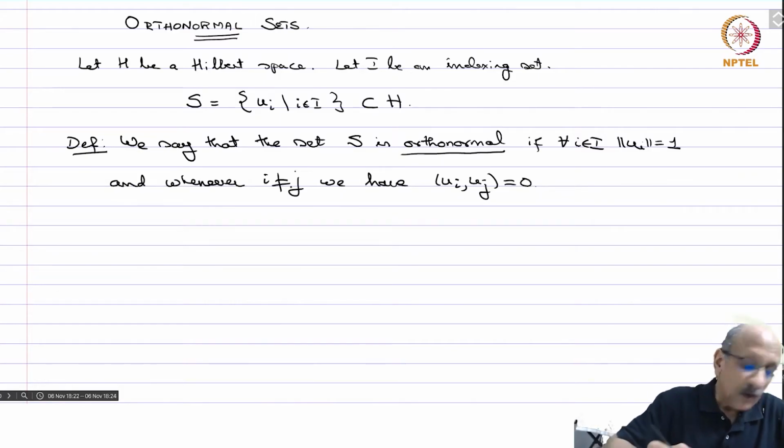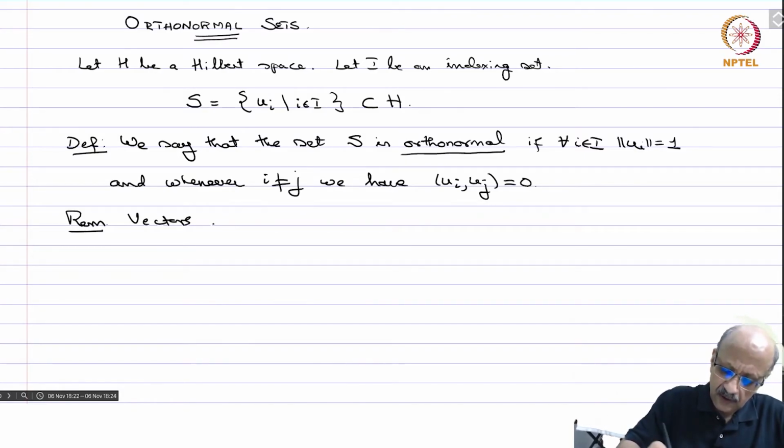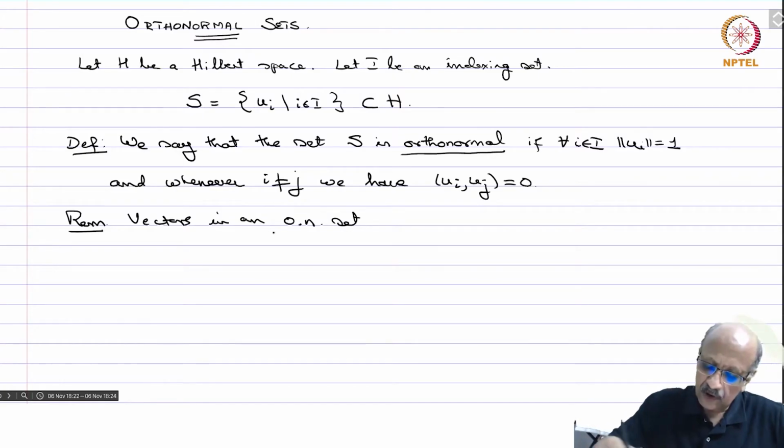Okay, so remark, vectors in an orthonormal set, I will write ON for orthonormal, so orthonormal sets are linearly independent.